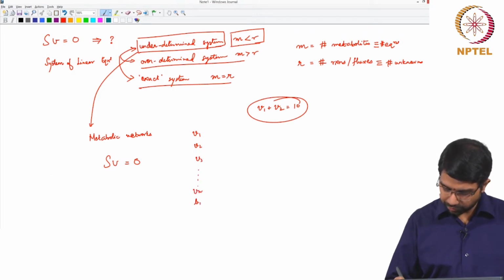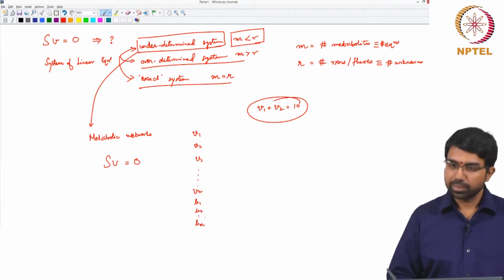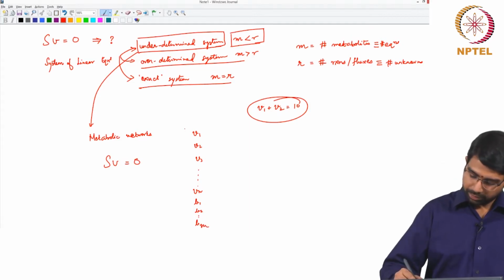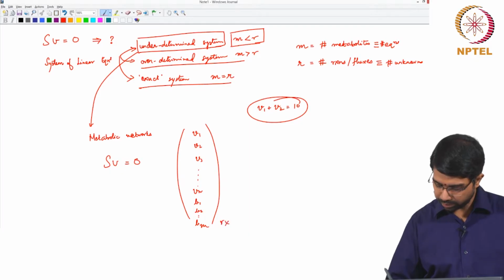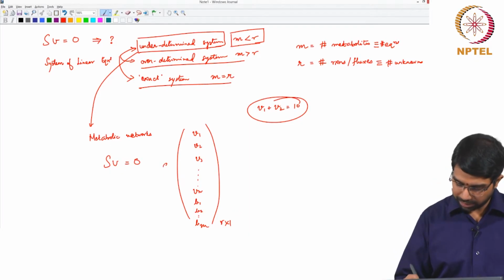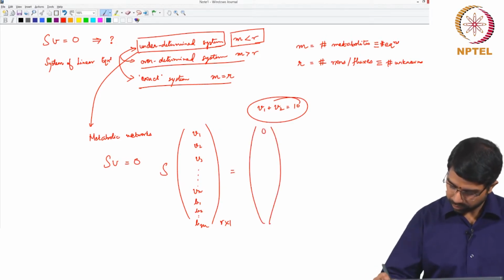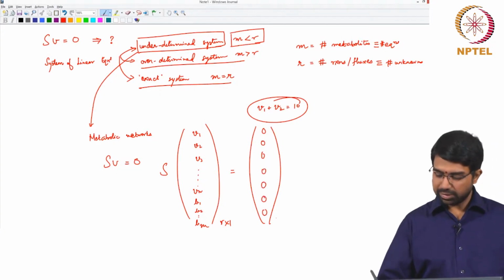And you can also think of external fluxes, so it need not be an N, it can be an M, right. This is going to be your R cross 1 vector that you are going to find out. This is what multiplies S. What is the size of this vector?